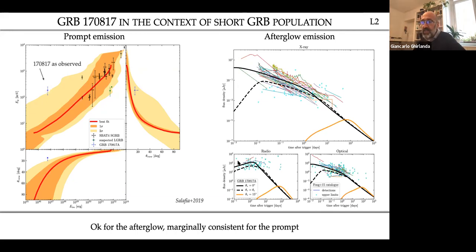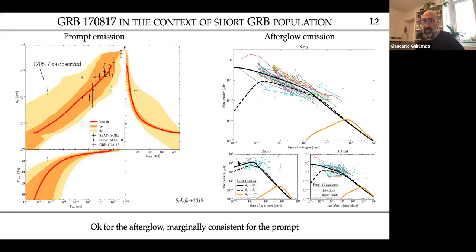So this argument says that in general 170817 appears as a strange event, not a common event, for what concerns its prompt emission energetics and hardness, and for what concerns the evolution of its afterglow light curve.